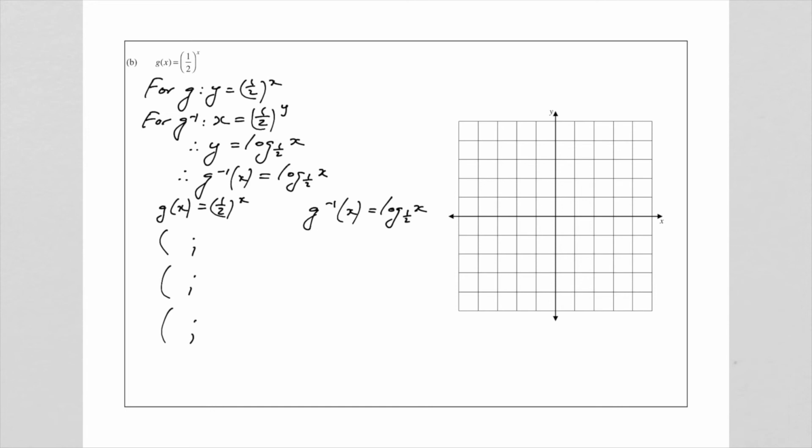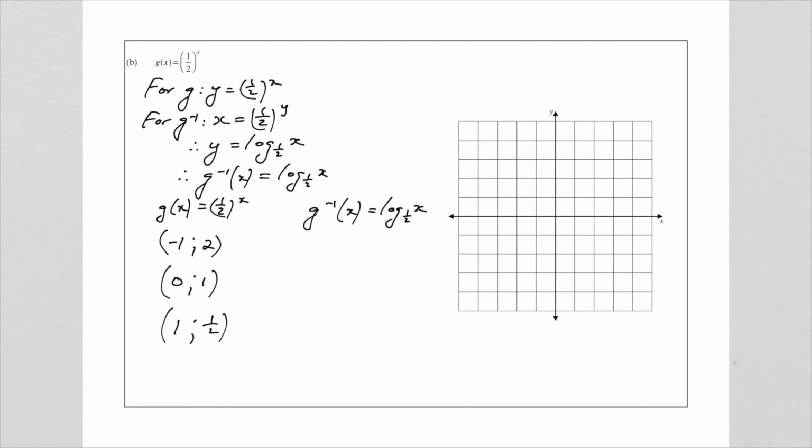So let's start with g, and we go for x as -1, then x as 0, and then x equal to 1. Now when x is -1, you hopefully will agree that y will be 2. When x is 0, any base to the exponent of 0 is always 1. And then when x is 1, y is 1/2.